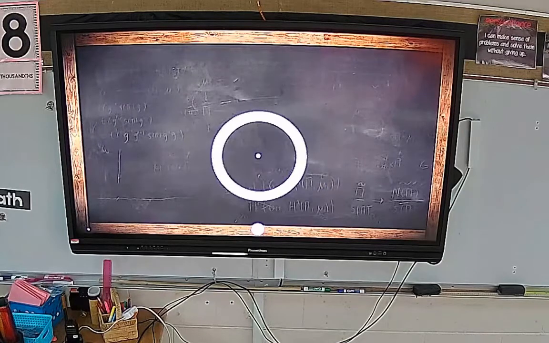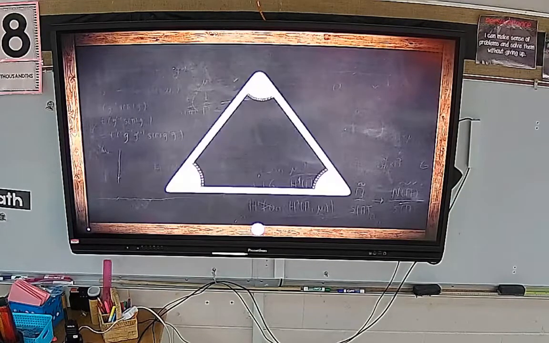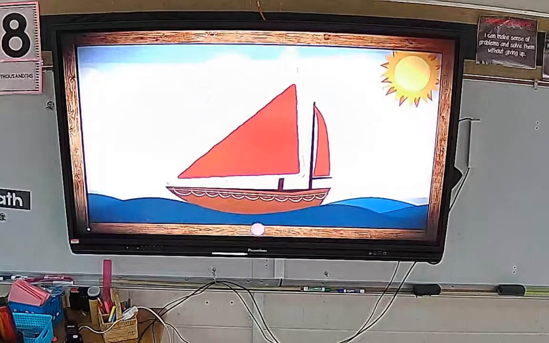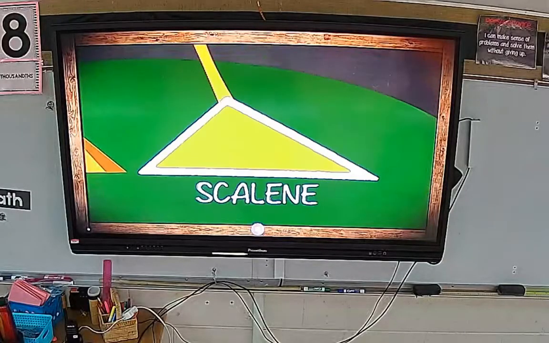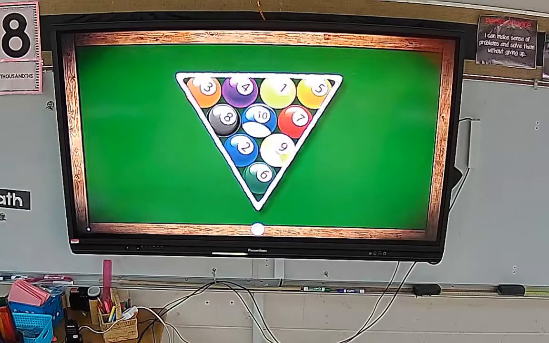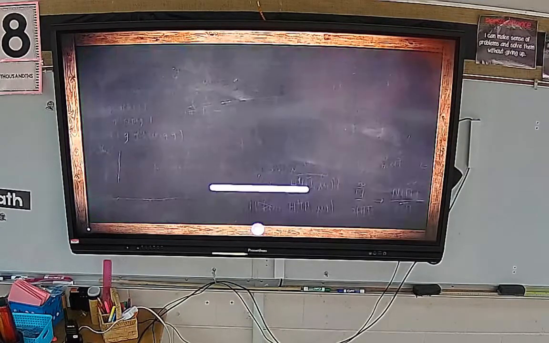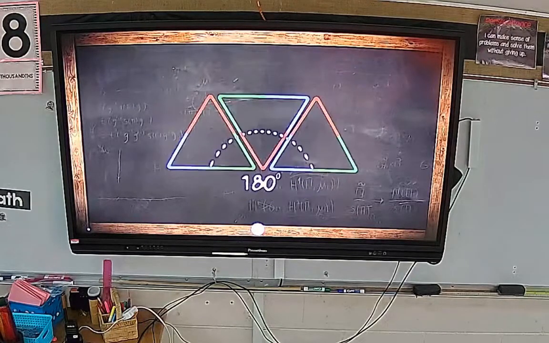There are two ways to classify triangles, by their sides and their angles. Like sails out on the high seas, can't be right or isosceles. Oh, look at the foot of this goose. It's scalene and obtuse. When you break the pool balls with the cube, they're equilateral and acute. If you add up every angle, there are 180 degrees in a triangle.